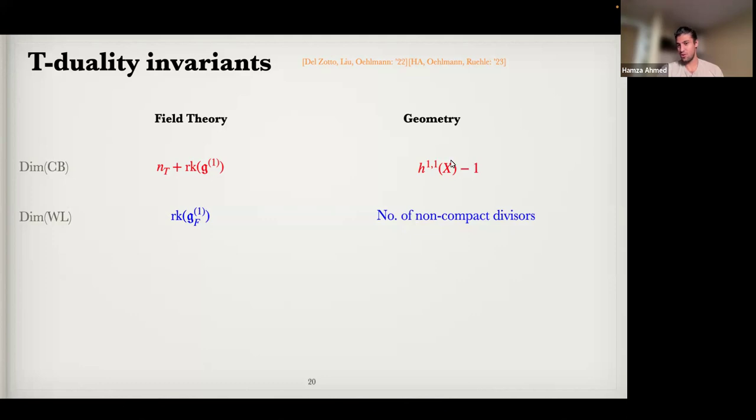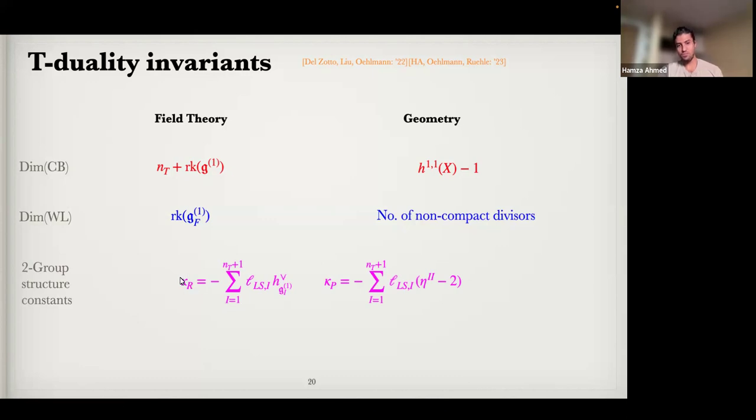This is always the same. The number of non-compact divisors you may also think is a trivial invariant. But this third one, it was a surprise to me when I saw it, at least.